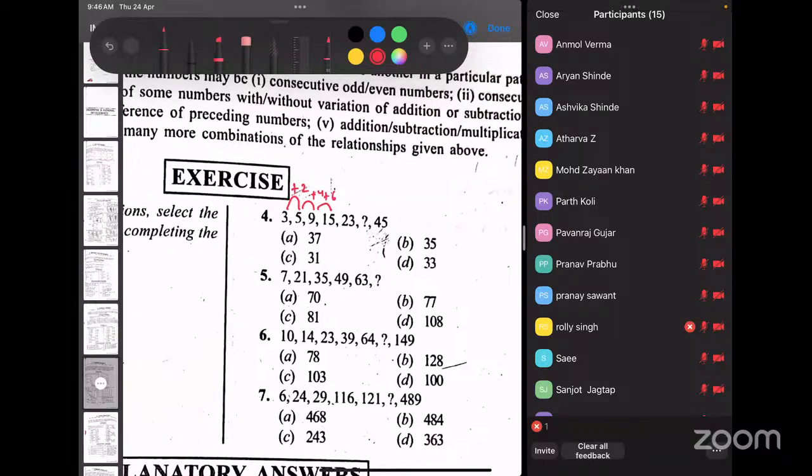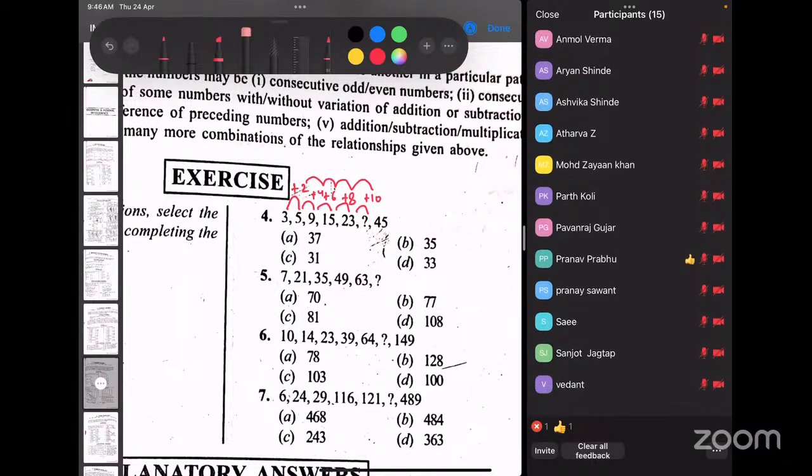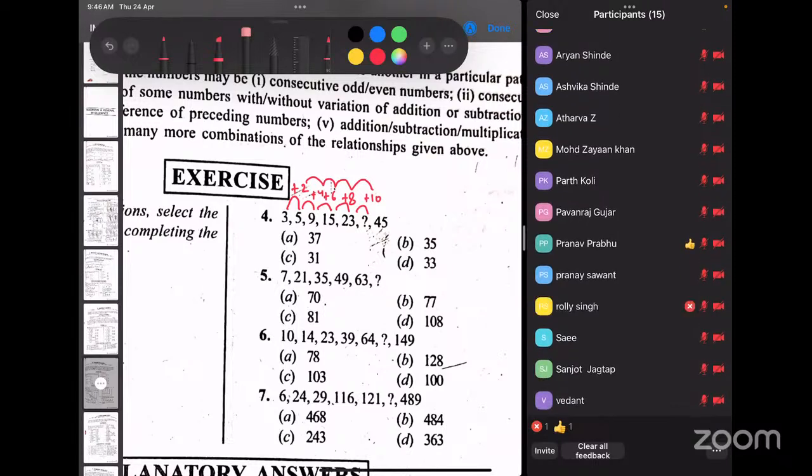Plus 6. This is how much? Plus 8. Am I right? So in the next, it will be plus 10 because the series is going plus 2, plus 4, plus 6, plus 8. So 23 plus 10 will be 33. Answer will be 33. Are you getting it? Yes or no? Yes, sir. Okay, next.